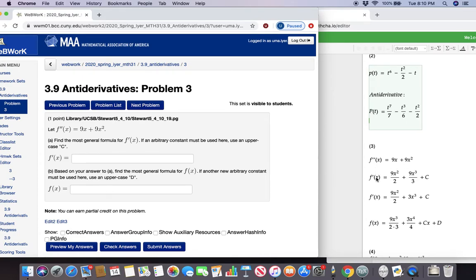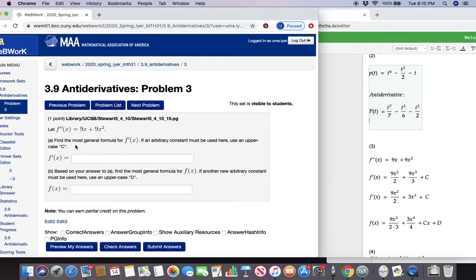Its antiderivative is one derivative less. So x has power 1. Increase the power by 1 and divide by the new power. Likewise, this has power 2. Increase the power by 1 and divide by the new power. 9 continues.